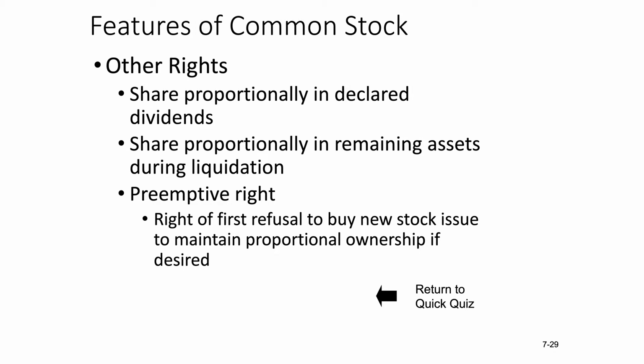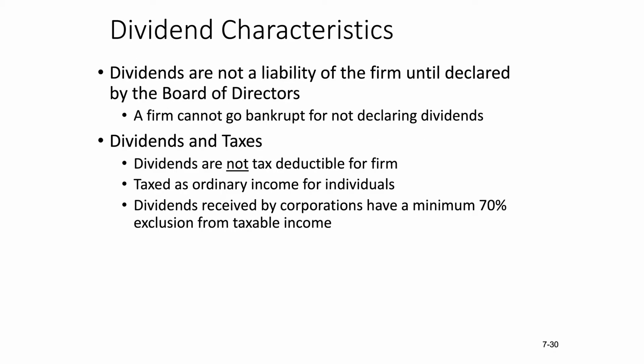Dividends are not liability, by the way. There's a big difference between a dividend and a coupon on bonds. Coupon is liability. Interest payment is liability. You have to pay it. Otherwise, you are getting into trouble, financial distress, bankruptcy. But dividend is not. Dividend is only paid by declaration by the board of directors.